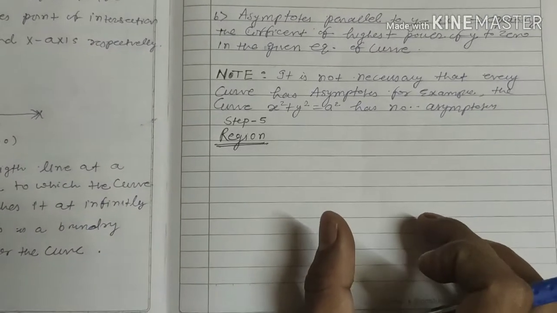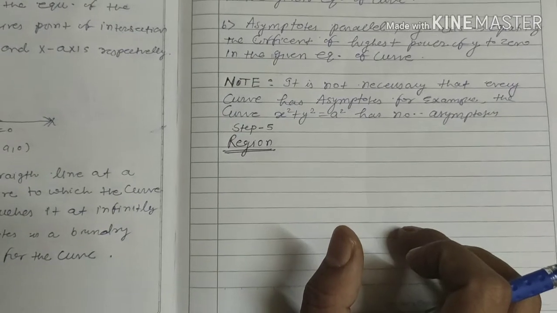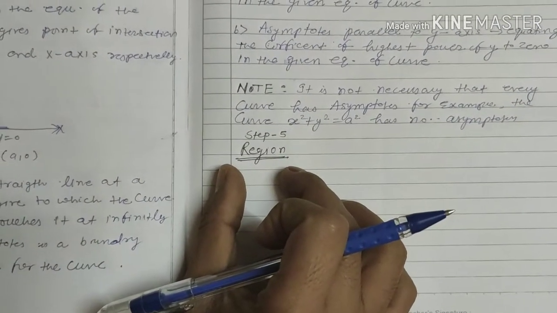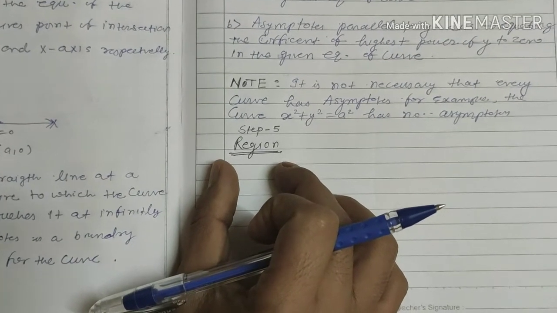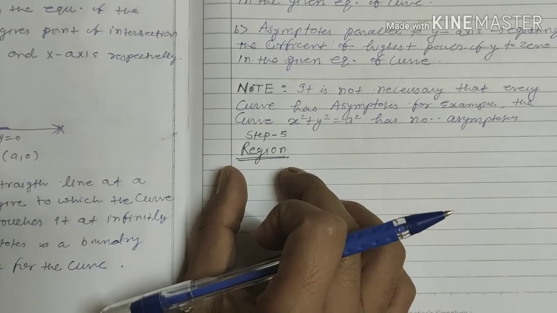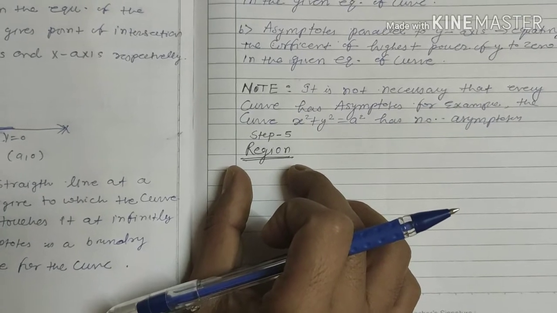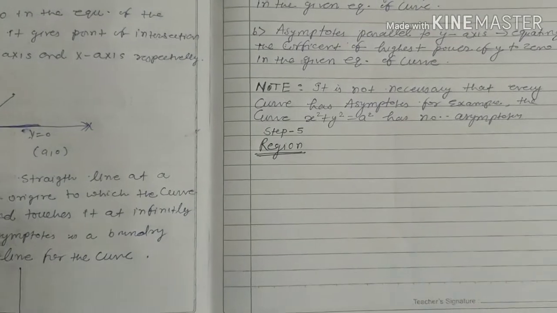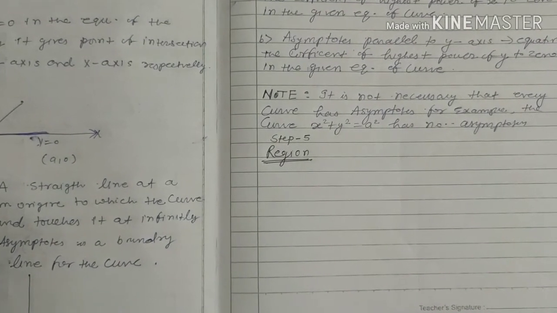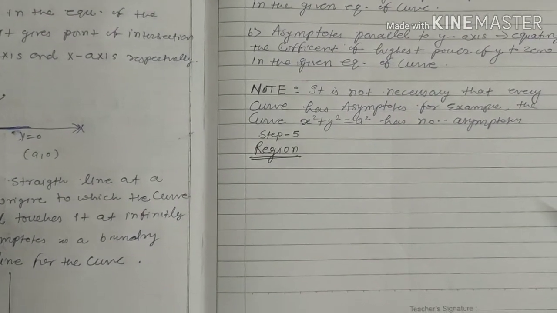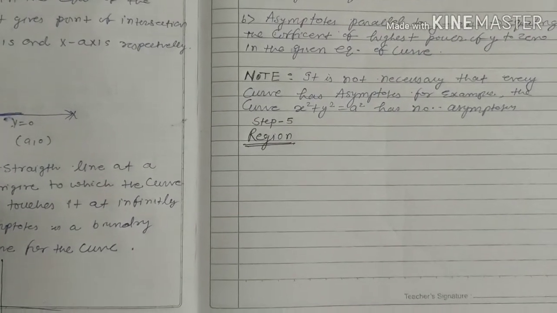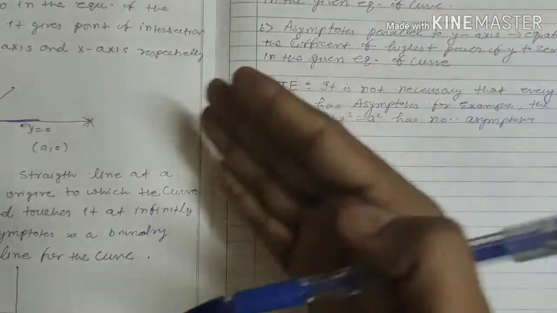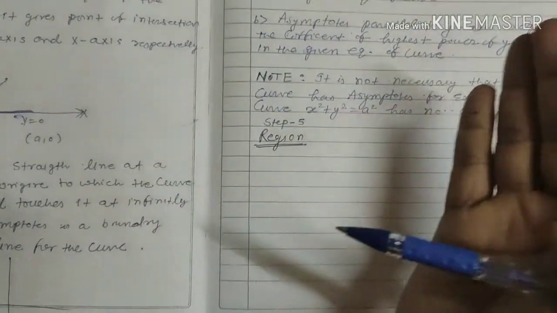Now the fifth step of tracing of a curve is given. This is the region. After the fourth step, we have to determine the region, that is, how a curve covers a part of the area of a region.